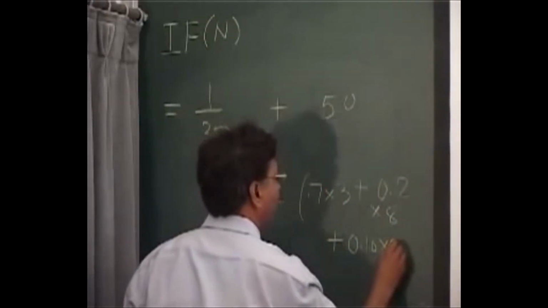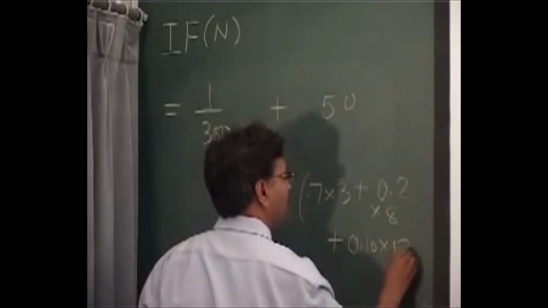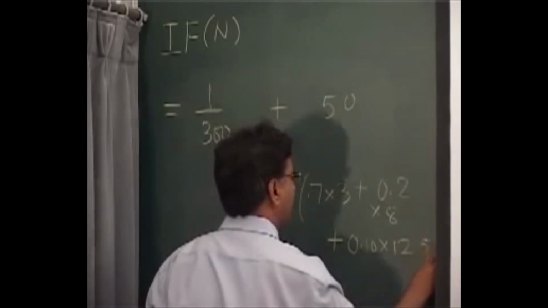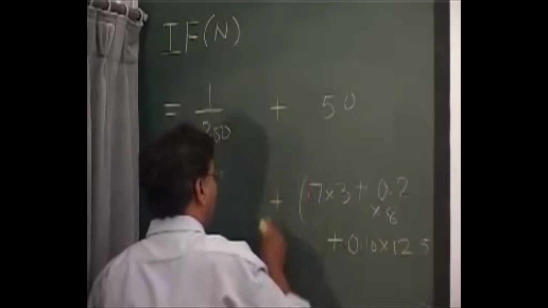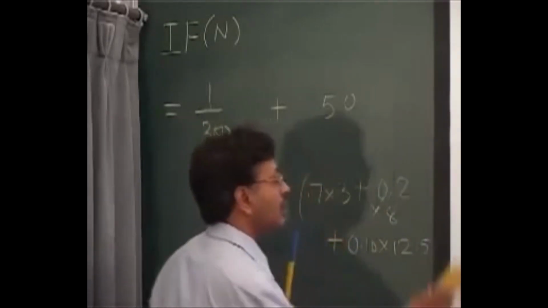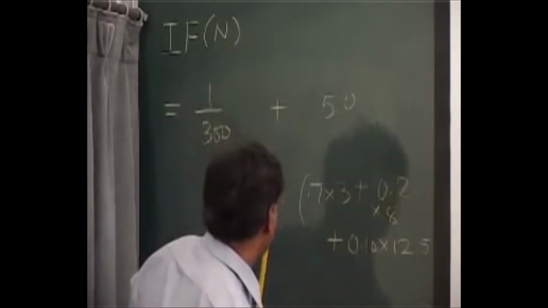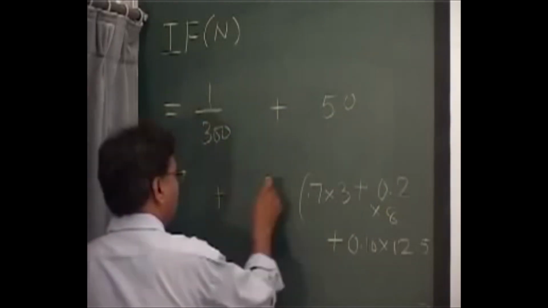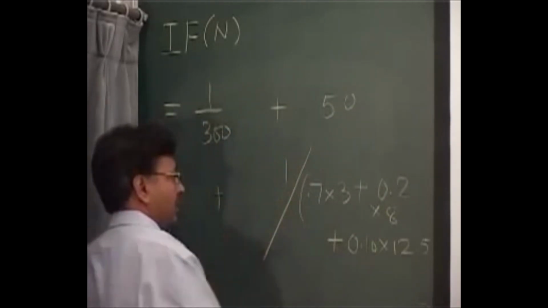The range is 10 and 15, so the average is 12.5. I have to write everything in inverse because it says this is inverse. So plus 1 by this.